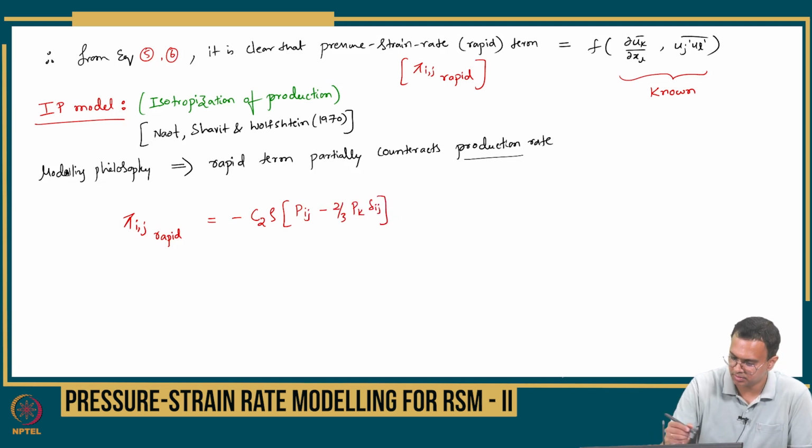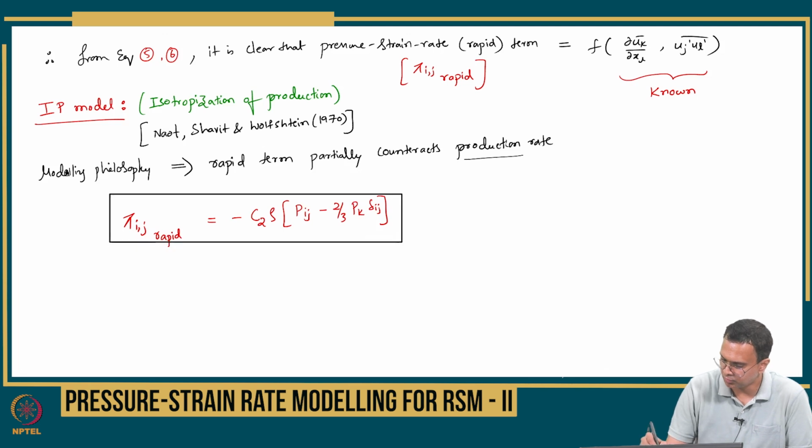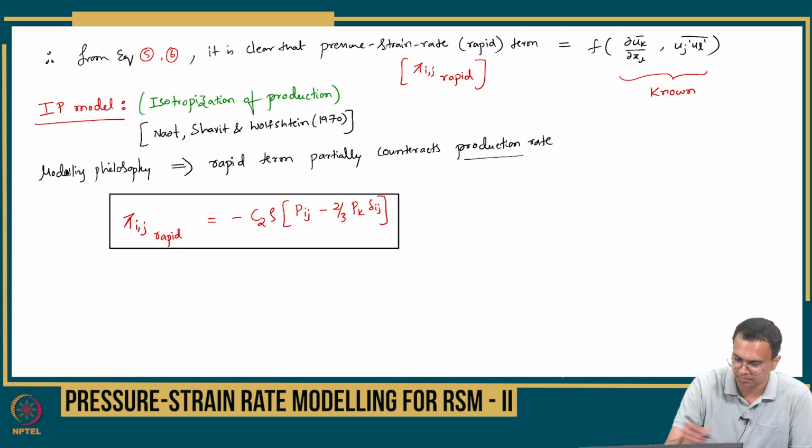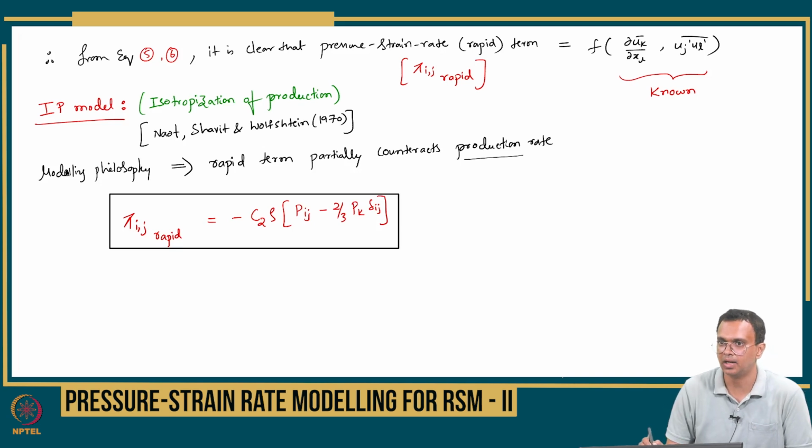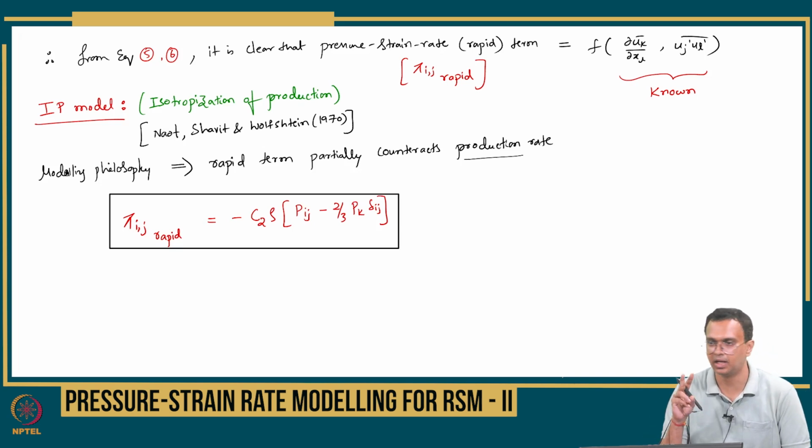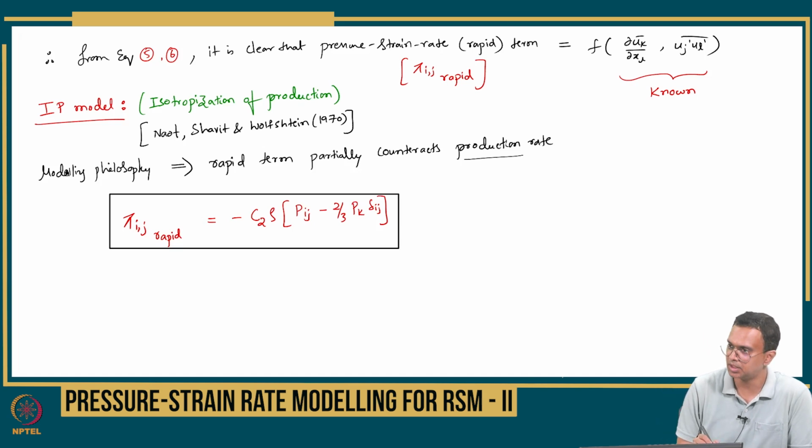So this is the model for one part. This is not a complete model. The slow term also has to be modeled. So the pressure strain rate term will have two models, one for rapid, one for slow.